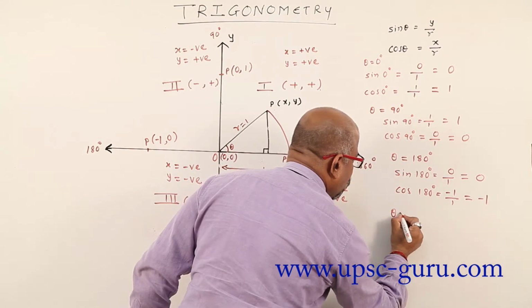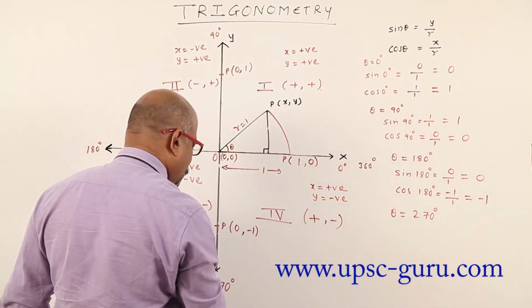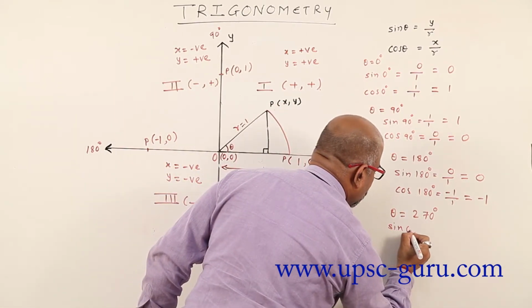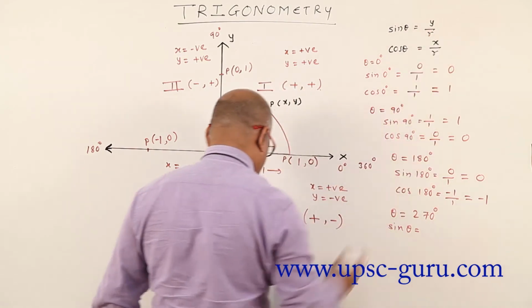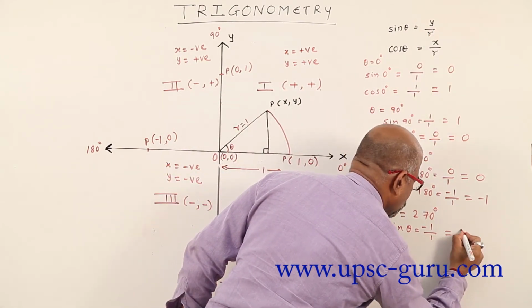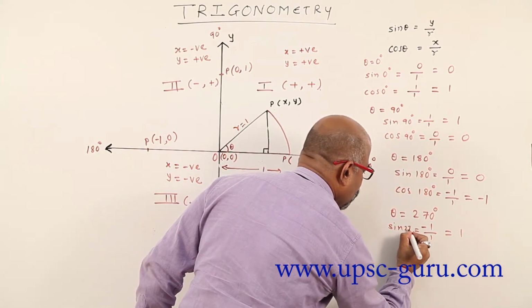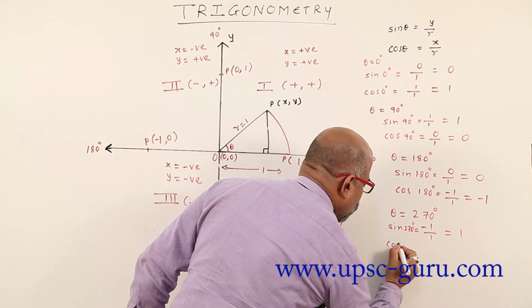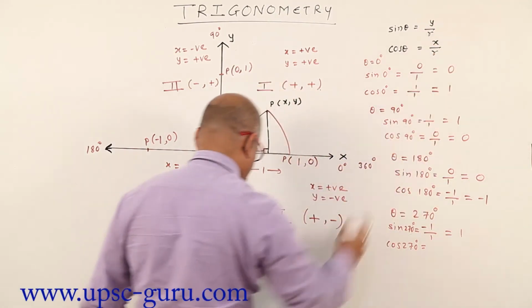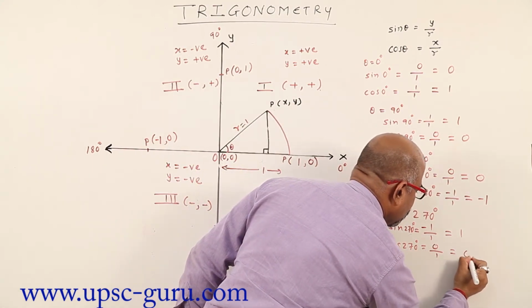Then when theta equals 270 degree, sin theta equals y upon r, y is minus 1 upon 1 equals minus 1. That is sin 270 degree. Then cos 270 degree is x upon r, x is 0, r is 1, answer is 0.